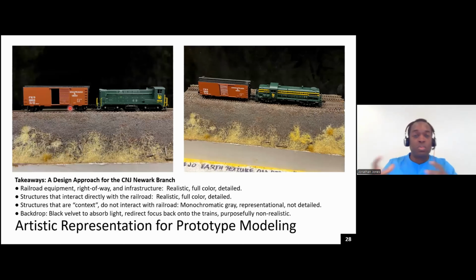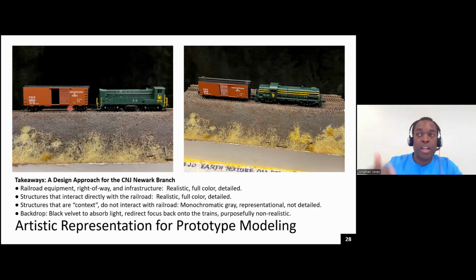So, how was I going to take these items and make them work for me on my model railroad? Well, I came up with a sort of schema about how to do this, where the railroad equipment and right-of-way would be in full color, as would be the structures and industries that the railroad directly interfaced with, kind of like what we saw in the Dogville image.